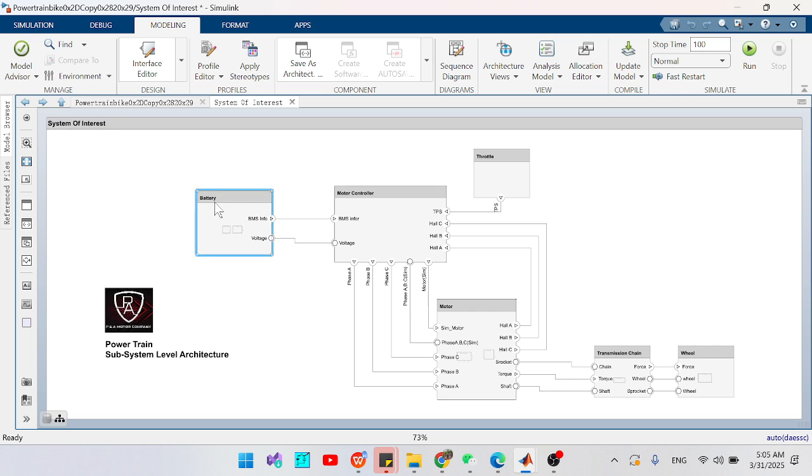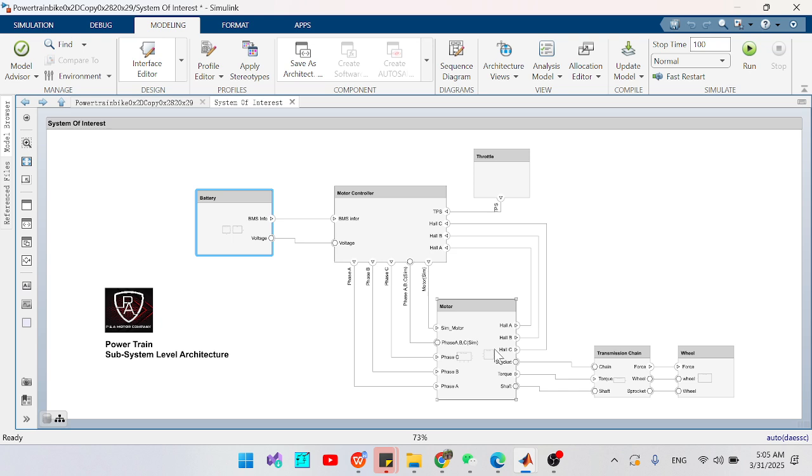So here is our battery. You can see the battery. Remember that all these interfaces are not functioning here for the MATLAB Simulink model. Both the Simulink and System Composer models are here.